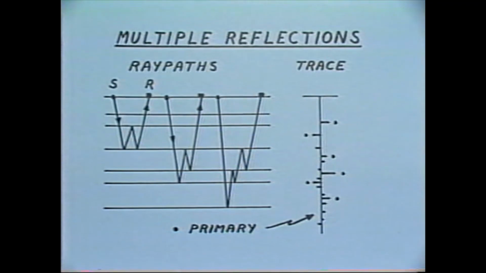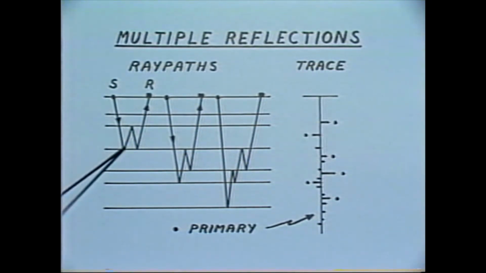Now, one of the other types of reflections which is very common on the seismic traces are what are called multiple reflections. And these are energy which travels from the source to the receiver by some kind of reflected ray path where there is more than one reflection along that ray path. So several examples are illustrated here.